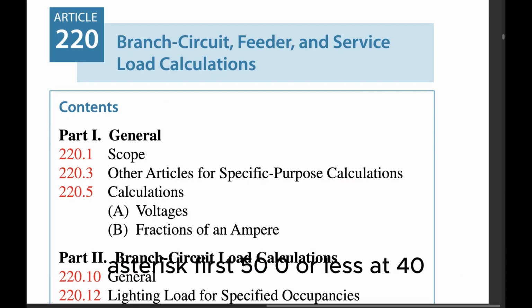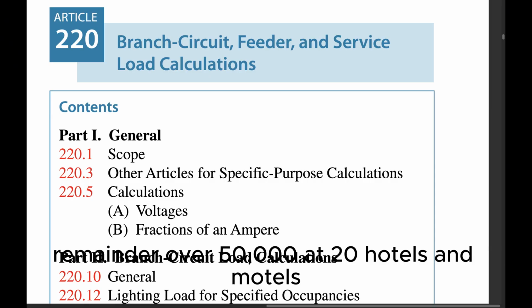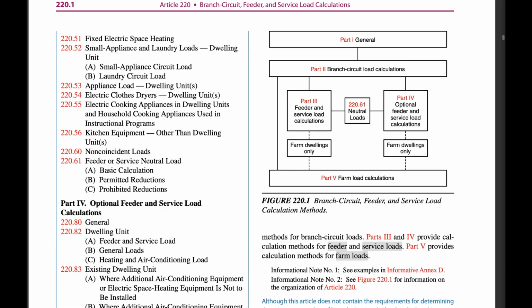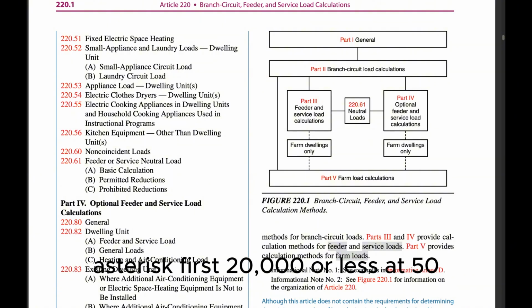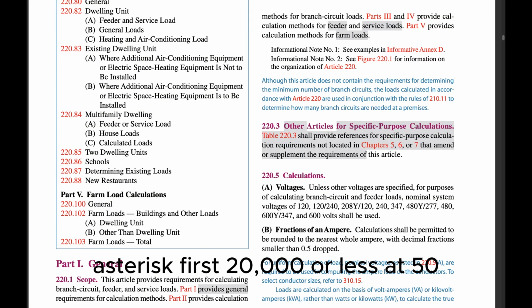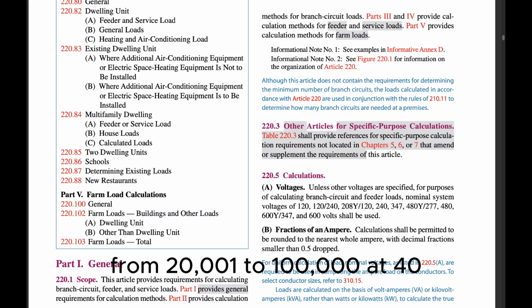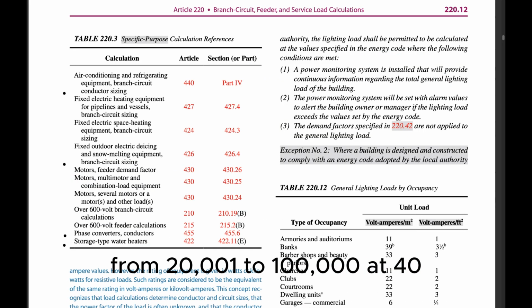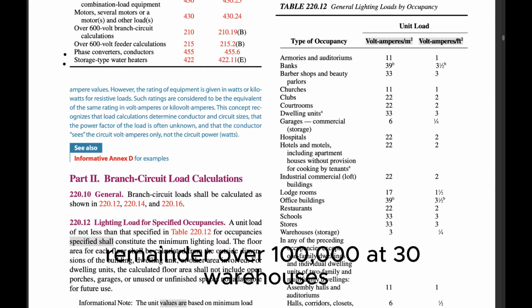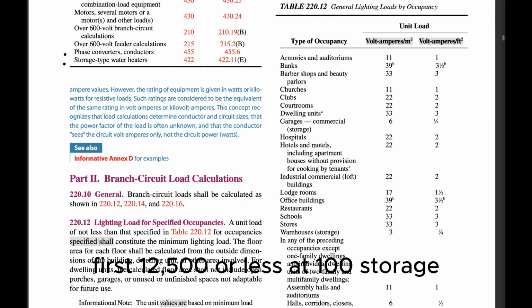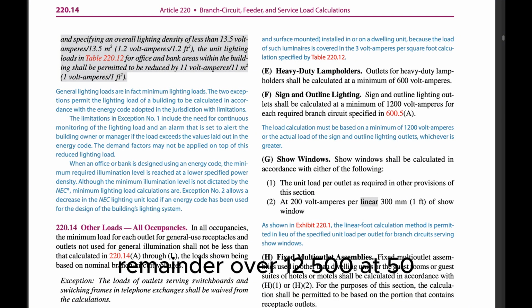Hotels and motels, including apartment houses without provision for cooking by tenants*: first 20,000 or less at 50, from 20,001 to 100,000 at 40, remainder over 100,000 at 30. Warehouses (storage): first 12,500 or less at 100, remainder over 12,500 at 50.